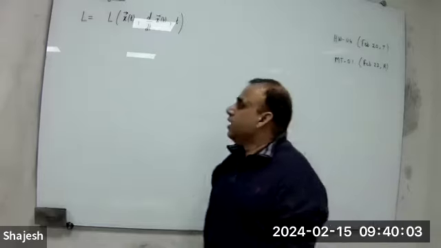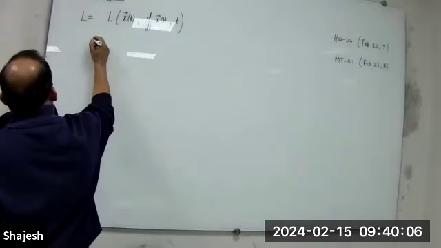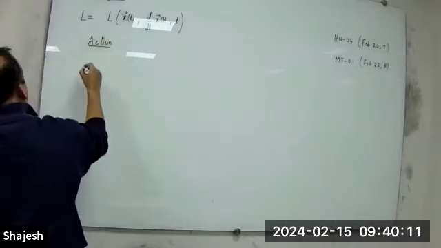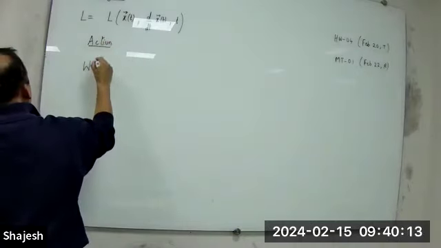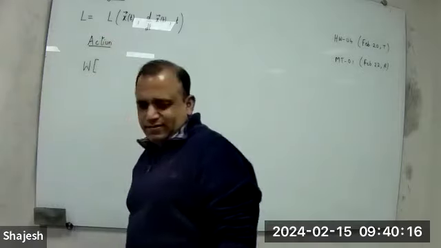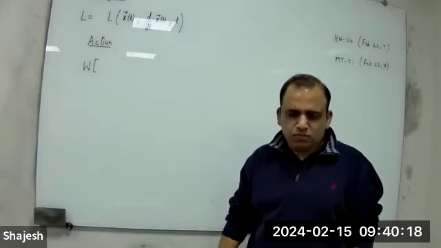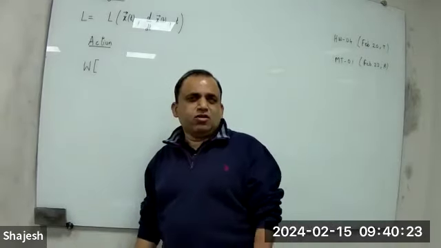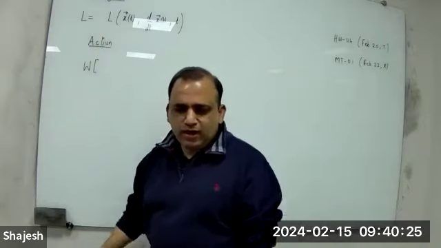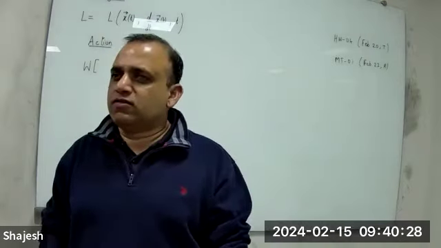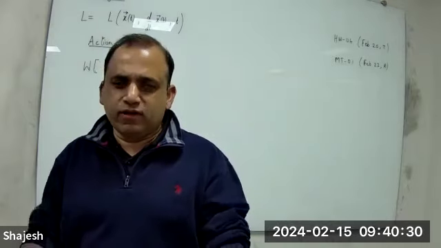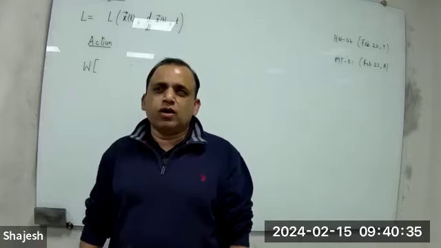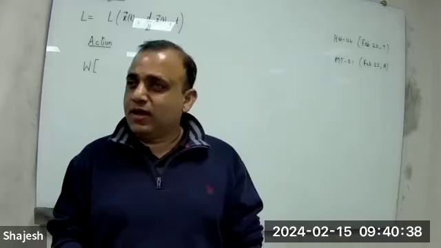Then we have action. Action is defined as W. These things change from textbooks. Most of the textbooks use the action as S. Right, that's common. But most of what I am doing is based on Schwinger's ideas. Schwinger's textbook is the closest to what I am doing, but at the same time, it's not a classical mechanics textbook.